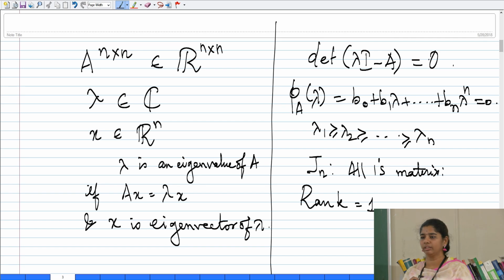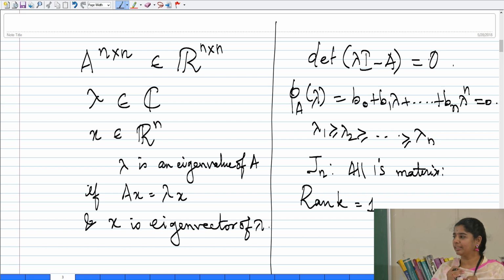What is that one non-zero eigenvalue? 1? No. N. So it should be either only 1 or n, is it? Not in between. What about n minus 1? There are n minus 1 zeros. What is that one non-zero eigenvalue? Any other choice, 2 to n minus 1?